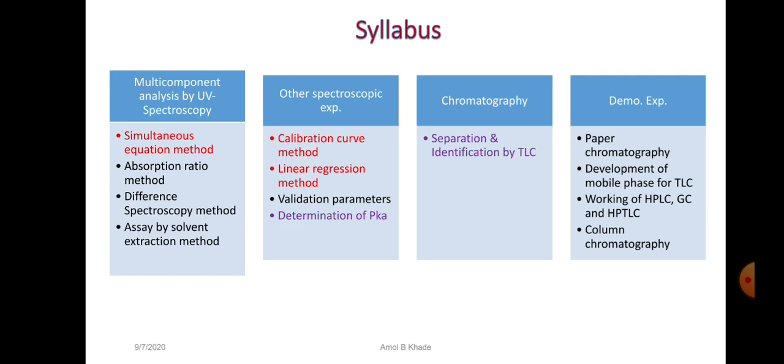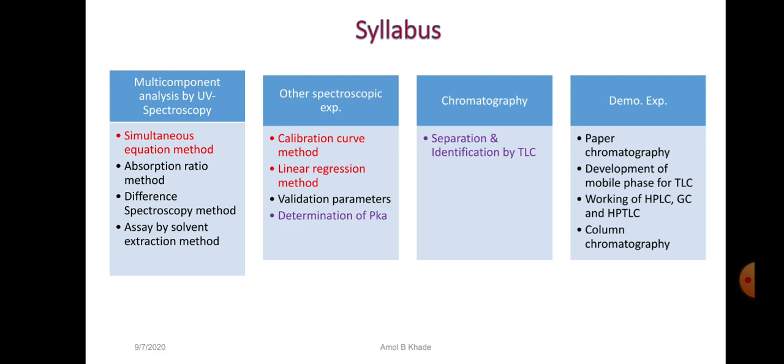So we will be doing the determination of concentration by plotting a calibration curve. We will also be finding the concentration using the mathematical expression, that is, the linear regression method. This also we have studied in PA2 theory. We will be applying this particular concept practically.